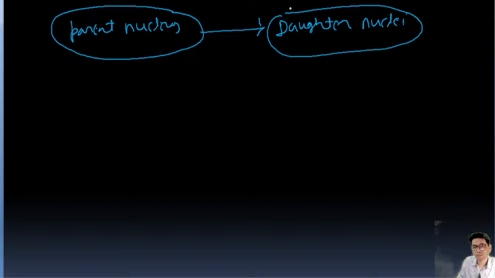Next is, this is a parent nucleus. This parent nucleus disintegrates and forms daughter nuclei after disintegration, and that is stable nuclei. Now we need to understand DPS. What is DPS?